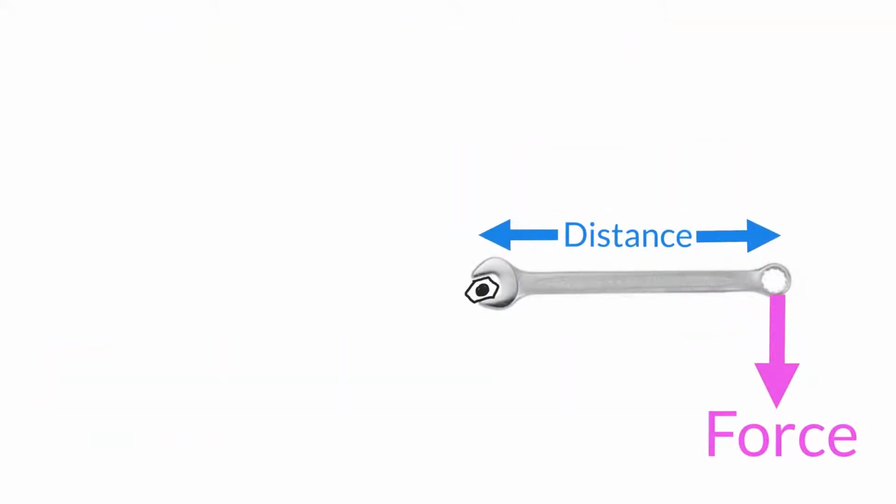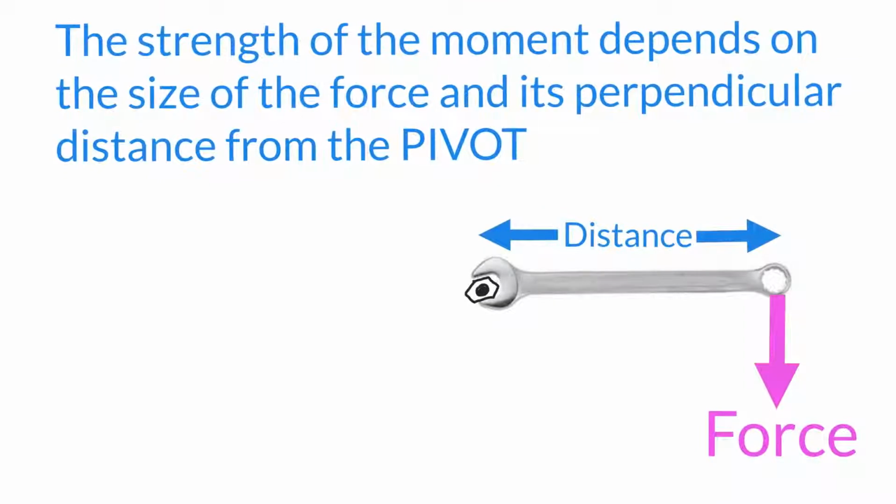Now, like all things in physics, we try to apply numbers to this, and the moment will have a strength, and the strength of a moment will depend on the size of the force and what we call its perpendicular distance from the pivot. Basically, perpendicular means that it's at right angles to the line of the force. So there's a right angle between the line of this force and the distance we're measuring.